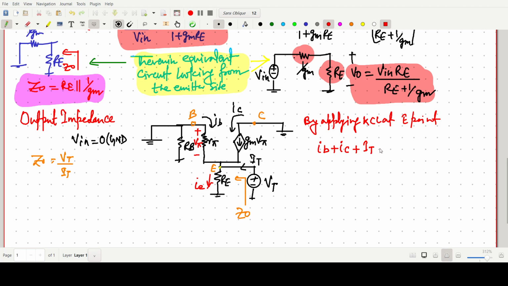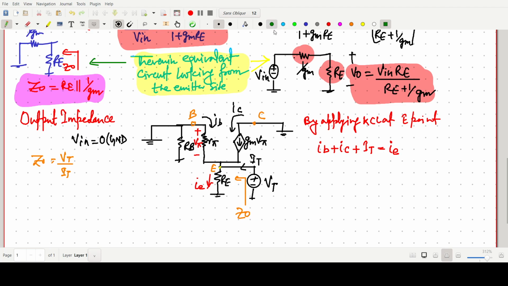Simple KCL: IT, the total incoming current, equals the total outgoing current, that is our IE.